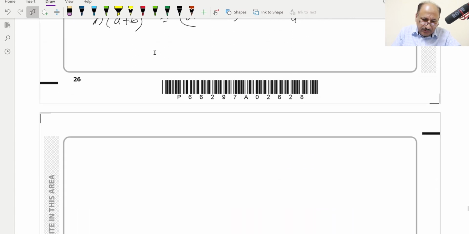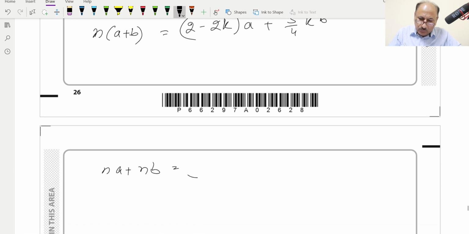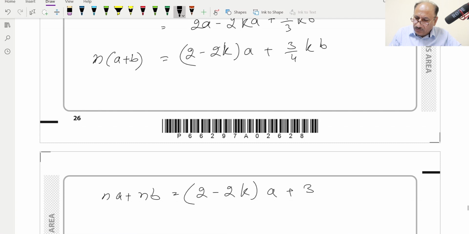Now we can open this bracket: NA plus NB will be equal to (2 minus 2K)A plus 4 by 3 KB.